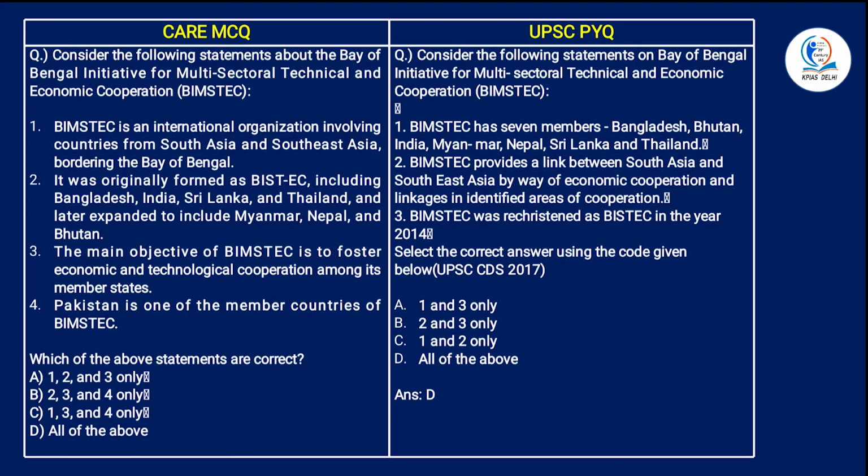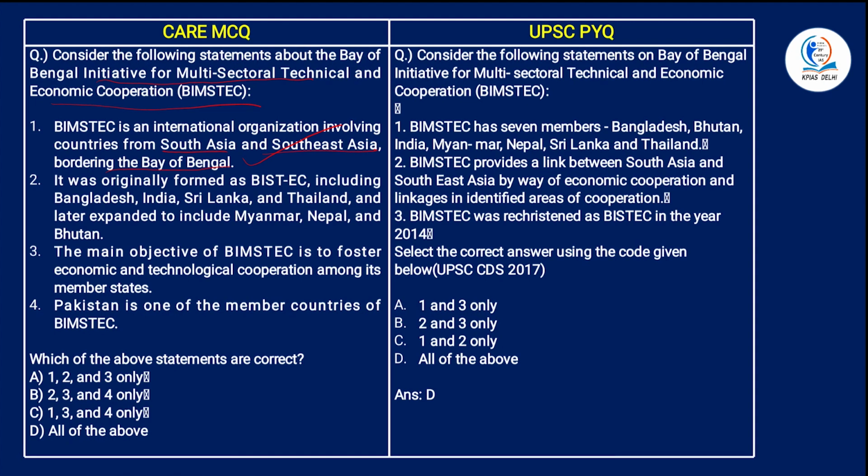Moving ahead, let us solve a multiple choice question with respect to BIMSTEC, the Bay of Bengal Initiative for Multi-Sectoral Technical and Economic Cooperation. Consider the following statements. BIMSTEC is an international organization involving countries from South Asia and Southeast Asia bordering the Bay of Bengal. As I told you, the statement is correct.